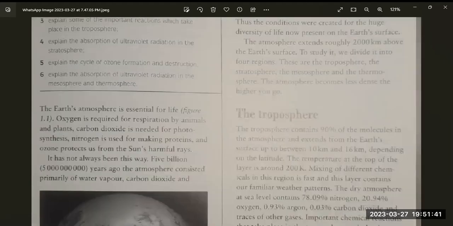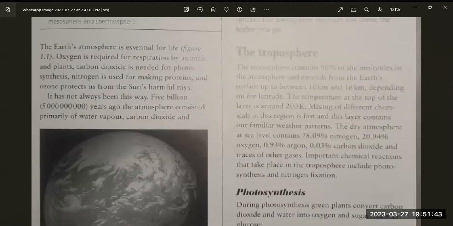It is somewhat blurry for you, so I'll do just a quick read, and we can have a conversation at different points. It says the Earth's atmosphere is essential for life. Oxygen is required for respiration by animals and plants. Carbon dioxide is needed for photosynthesis.